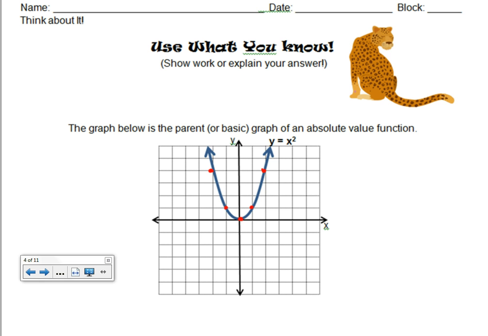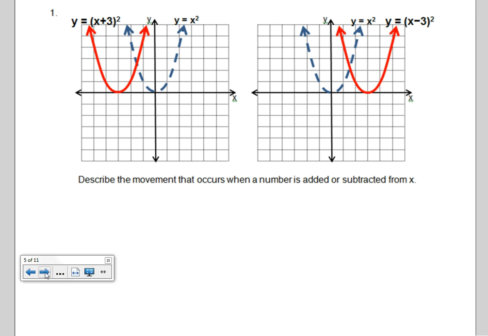So question number 1 is we're going to add and subtract numbers to it and see how the graph changes. So problem number 1, you have the graph on the left, which is y equals (x plus 3) all squared. And if you notice, the blue dotted graph is the original parent graph, and the red graph is the new equation. And we can see what changes were made.